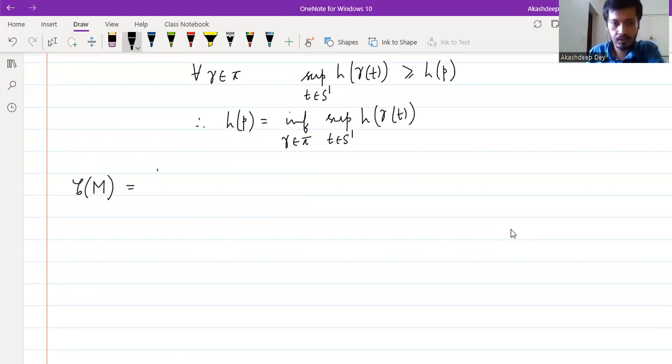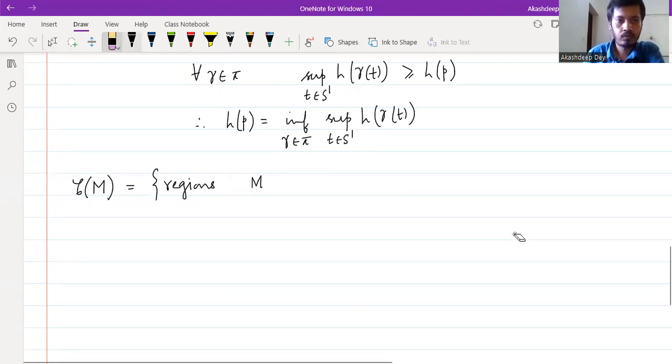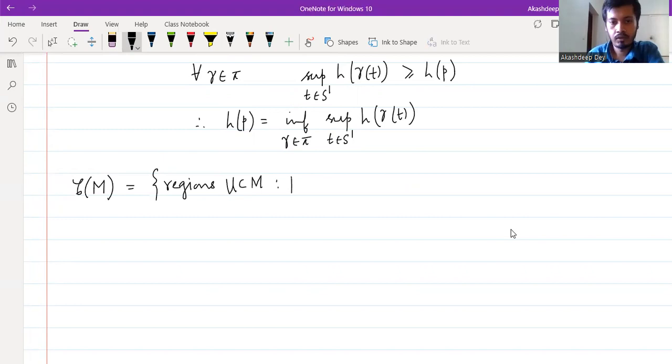This is the space of all regions U subset of M such that the perimeter of U is finite. I'll explain this.